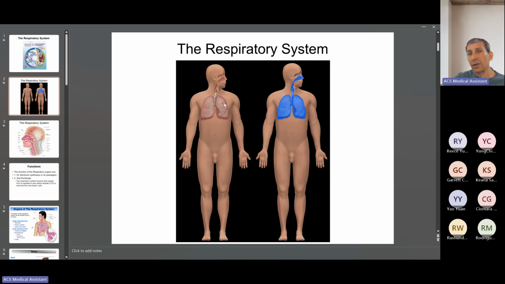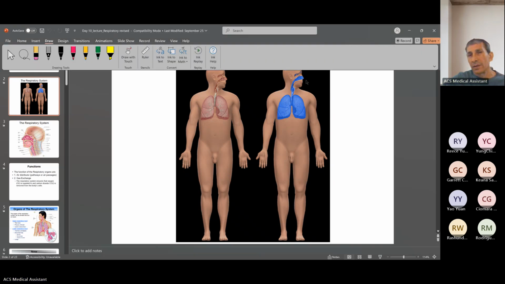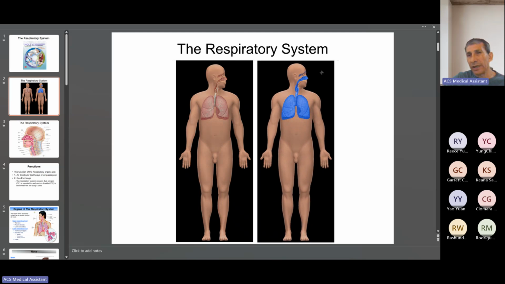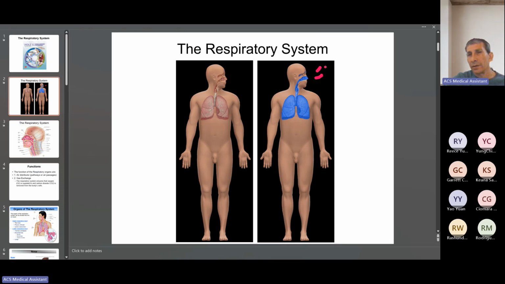So we have here the lungs without air and the lungs with air. Remember, the blue part is when you are breathing in. So here we are breathing in, we are putting air in, entering air from the atmosphere, from the outside, from the environment, through the nose, particularly.